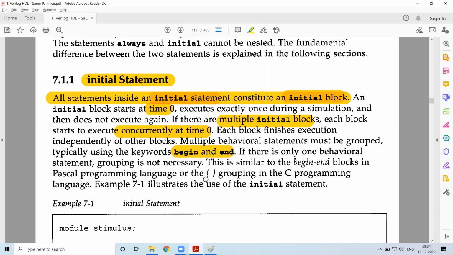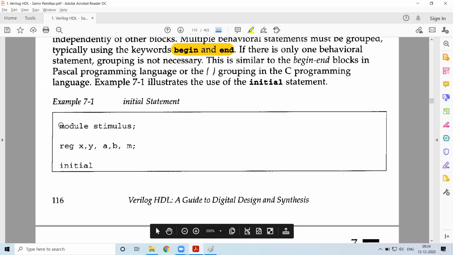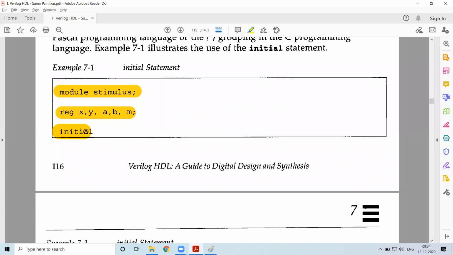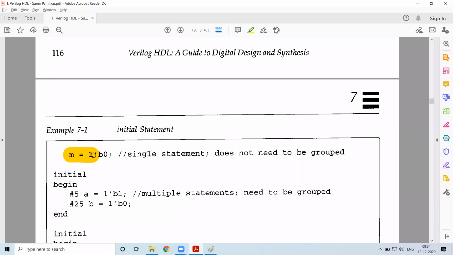So let's check this out. Here we have module stimulus, and some data types are being declared. Now you have used the keyword initial. In this initial, you can see that there is no begin and end. But here, m is assigned a value of 1'b0.